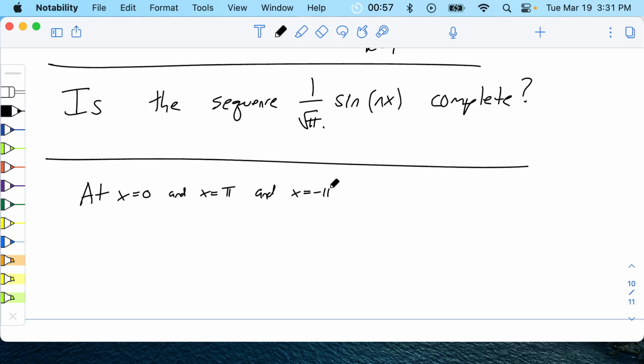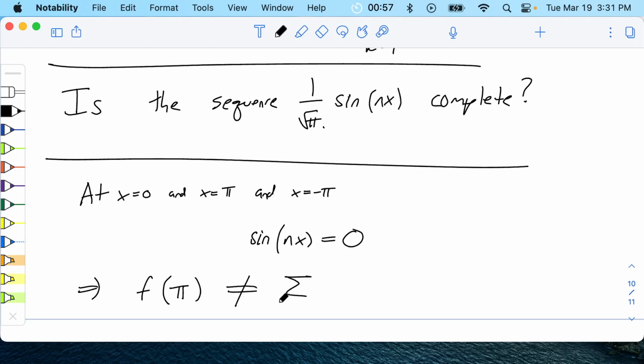and at x equals minus pi, sine of nx equals 0. So you have these functions, and they have these points where they're always 0. There's no way you can write a function that is non-zero at these points as a linear combination of things that are 0, right? Therefore, f of pi is not equal to the sum of k equals 1 to n of alpha k times the sine of n pi.